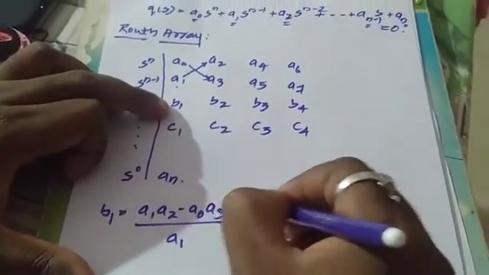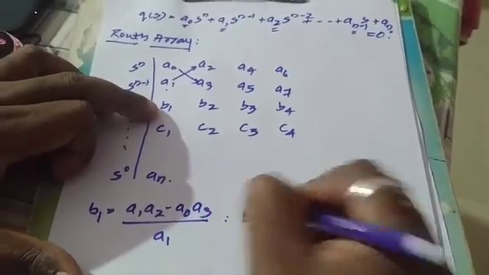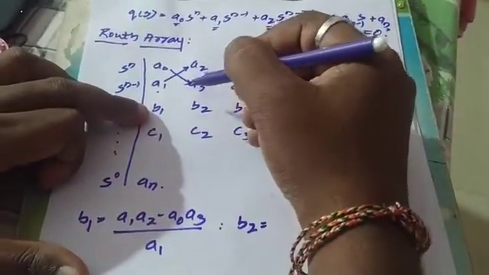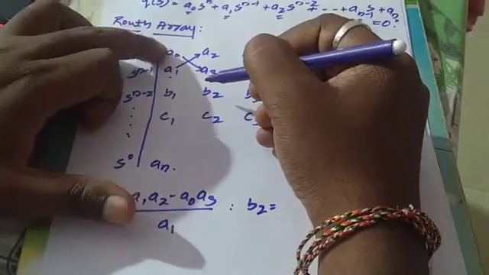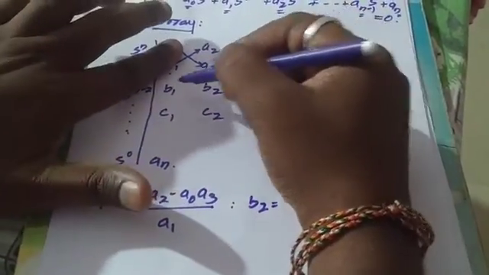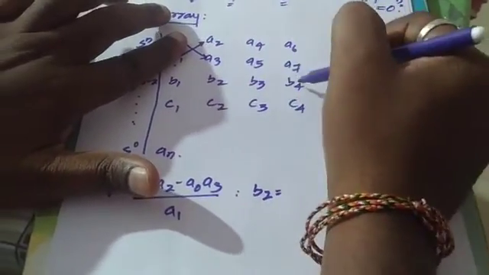And next is b2. How do you calculate b2? The a0, a1 column is fixed for the calculation of b1, b2, b3, b4.